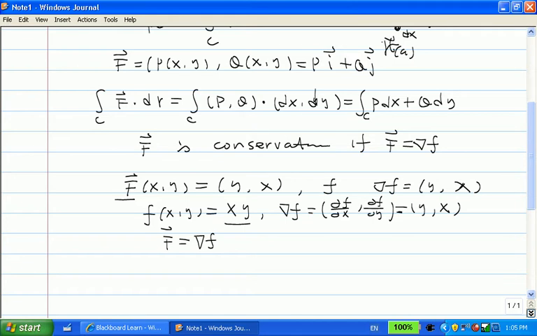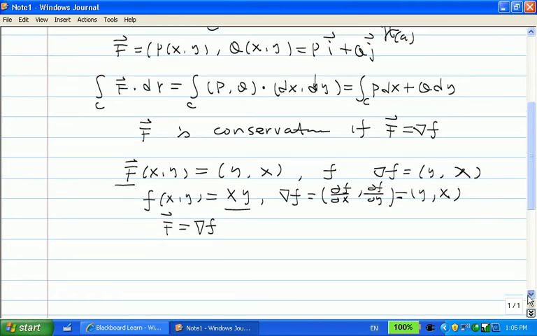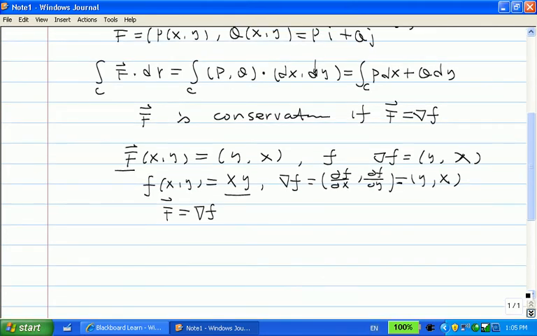Obviously, not all vector fields are conservative. However, if your vector field is conservative, then this line integral can be computed differently. If F is conservative, that means you can write gradient f dot dr. Then this can be defined.